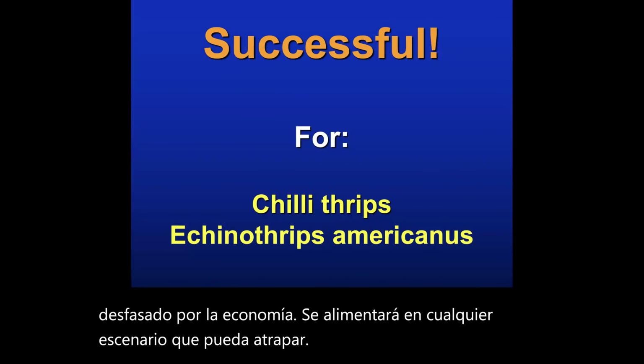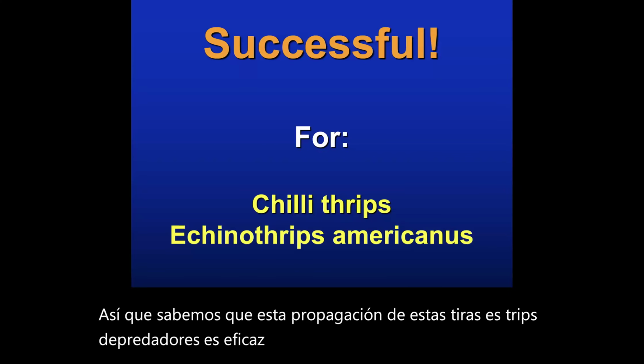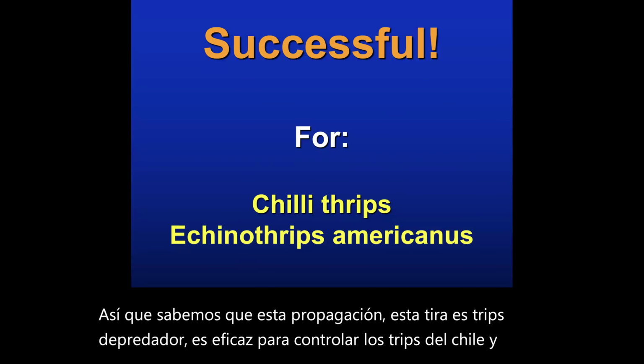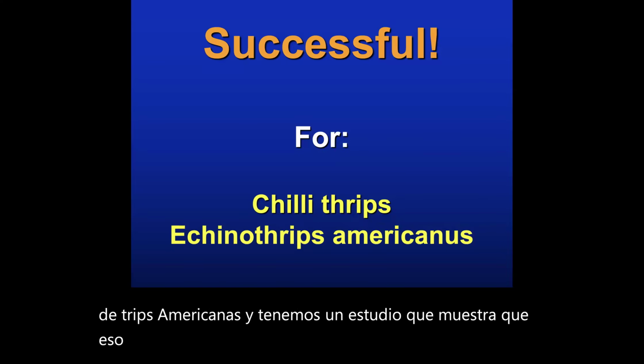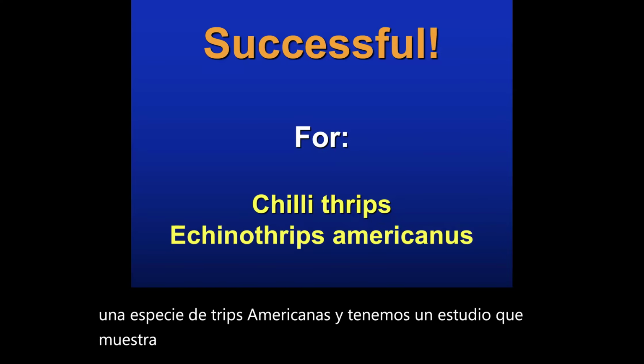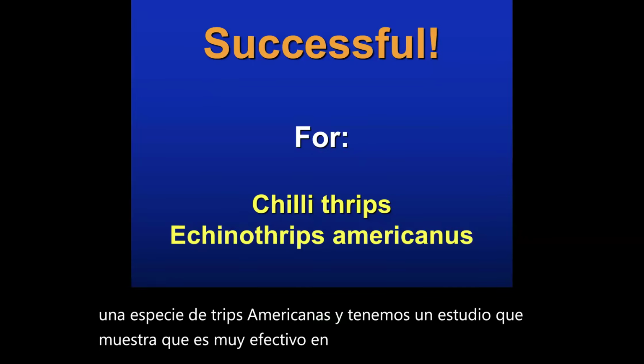So we know that this predatory thrips is effective at controlling chili thrips and Echinothrips americanus, and we have one study that's showing that it is very effective in cages on Asclepias.